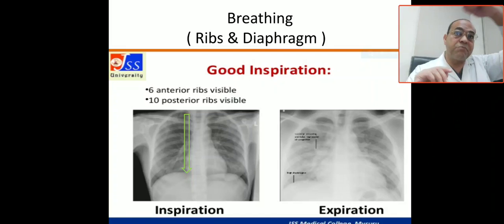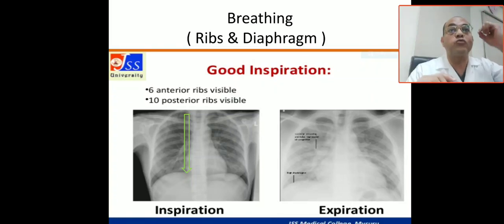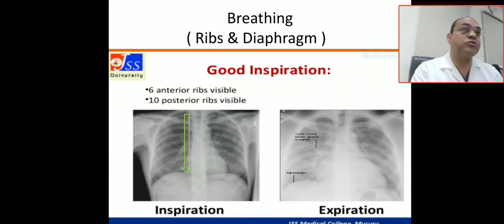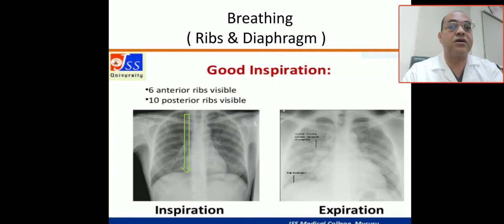If you count by the posterior ribs, the oblique ribs, you have to reach 10 visible posterior ribs compared to the diaphragm. This means an inspiratory film. If you cannot see 6 anterior ribs, or 10 posterior ribs, this is not an inspiratory film.